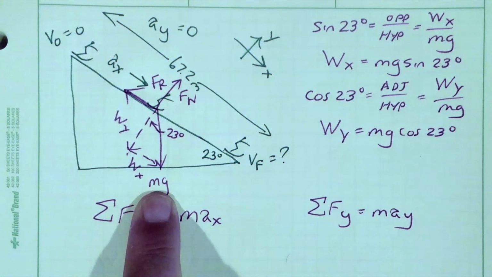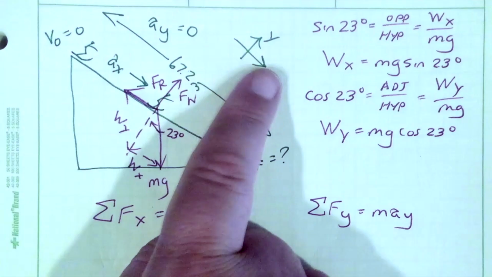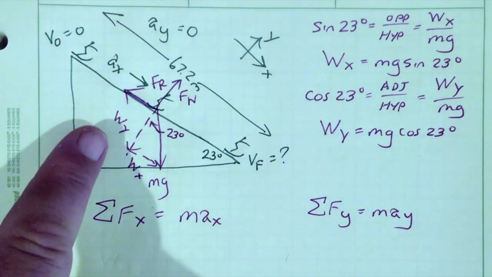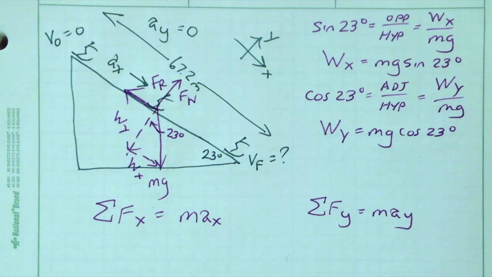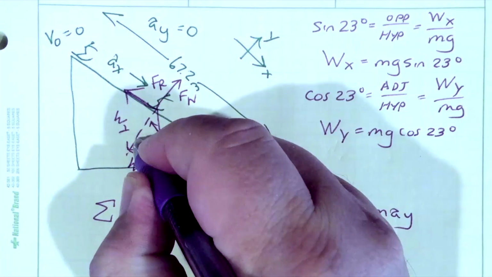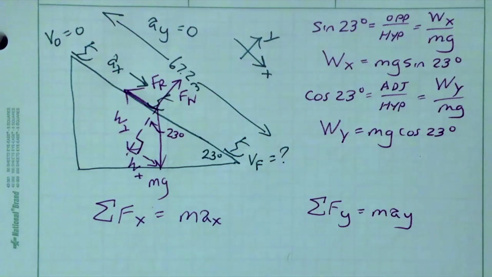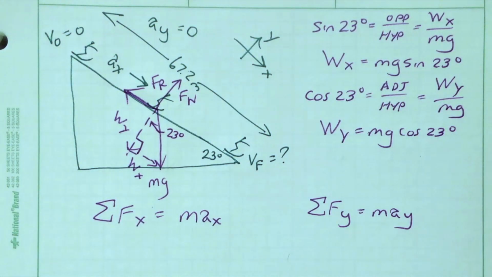The only force we have to break up into components is the weight force, mg. And we can break that up using our new coordinate system into the y component, wy, and the x component, wx. X and y are always perpendicular to each other, so this forms a right triangle.